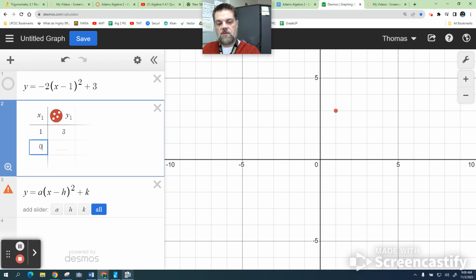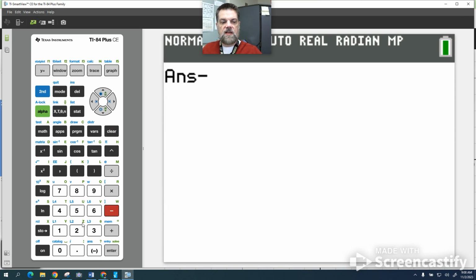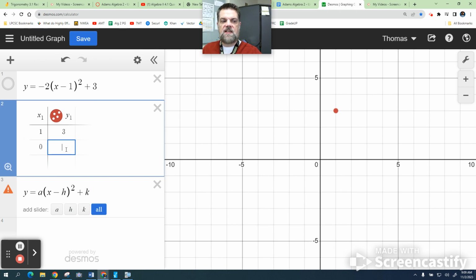So go to, and you could use your fancy calculator if you want to. -2 times the quantity we're plugging in for x, 0 minus 1 squared plus 3, right? So when I plug in 0 for x, I get 1. Do you guys see that? So when x equals 0, I get 1.